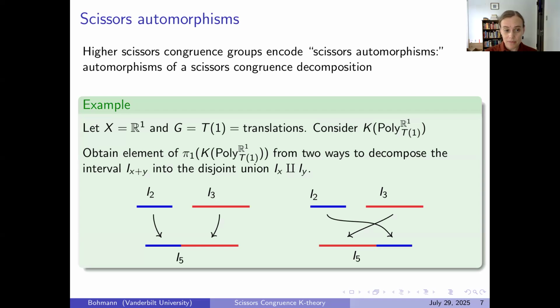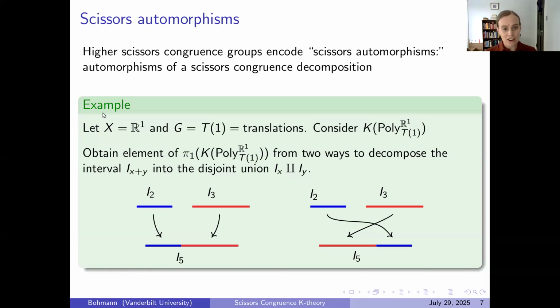So here's an example. Let's look at a very simple geometry, one-dimensional Euclidean space, and a pretty natural subgroup of the isometries there, which is the group of translations. So we'll look at the K-theory spectrum of polytopes in R1, where the group of isometries we're looking at is just translations. Polytopes in R1 are not very complicated, they're just little intervals.